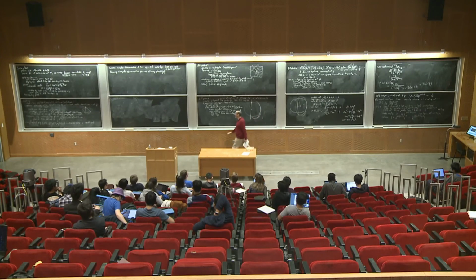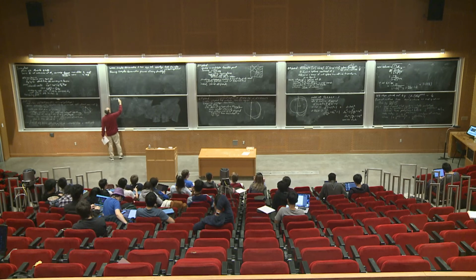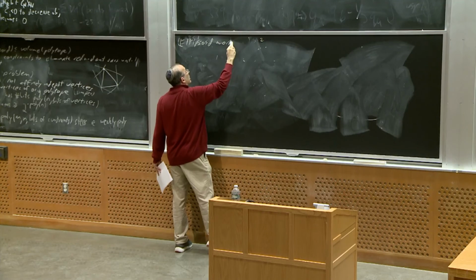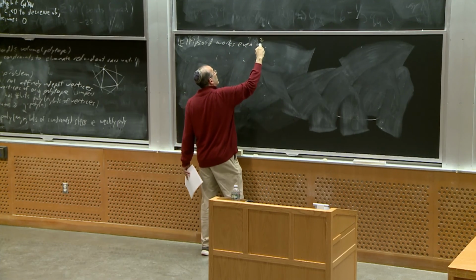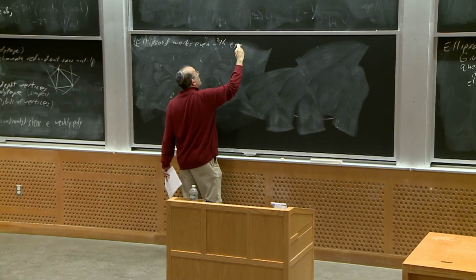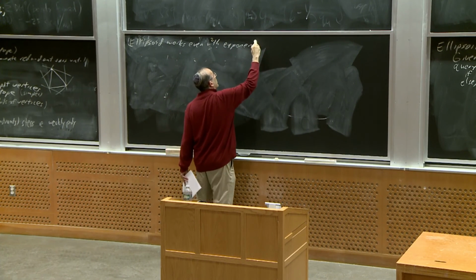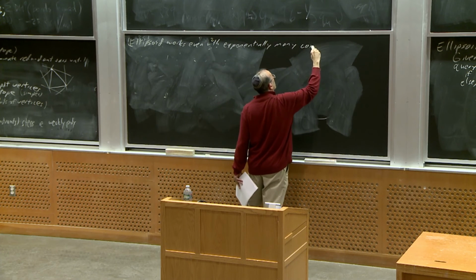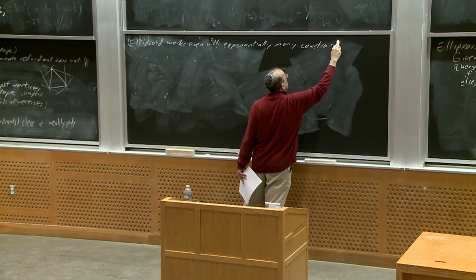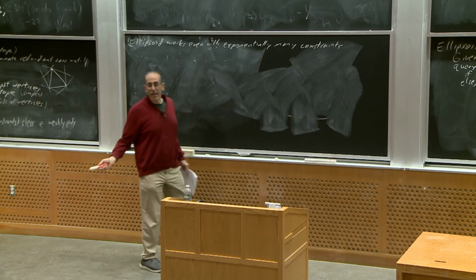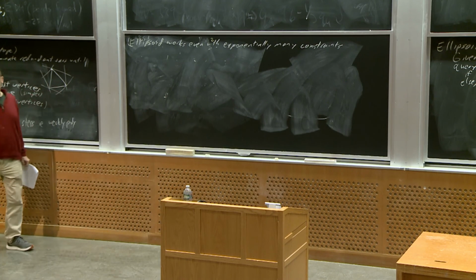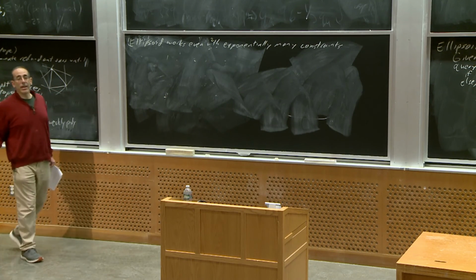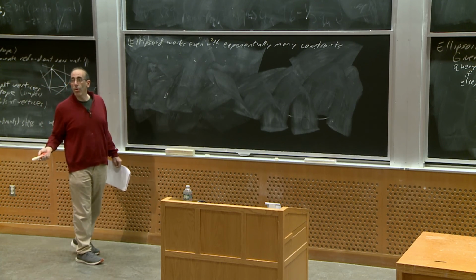And so in fact, the ellipsoid algorithm works even if you have exponentially many constraints, or in fact, infinitely many constraints, as long as you have somebody to tell you one that is violated when you have a particular point.